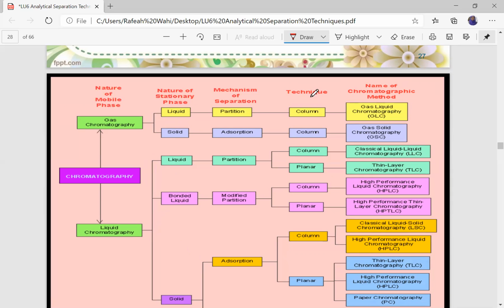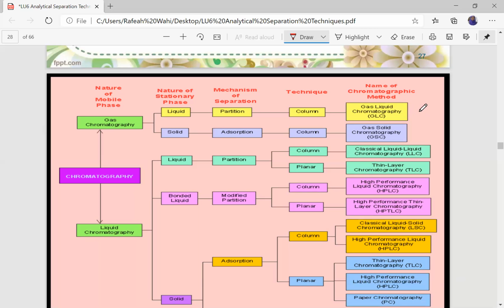Technique here means whether it is using a column as the stationary phase or a planar as the stationary phase. All right, so these are the different instruments available for chromatographic methods.